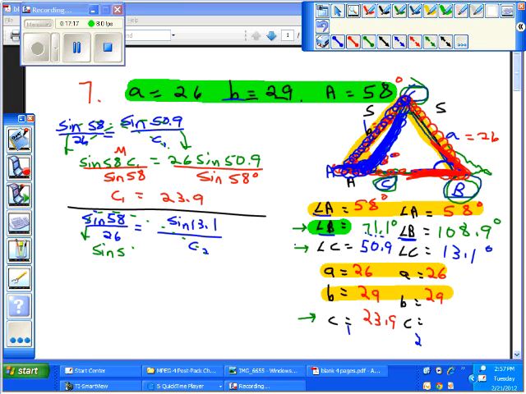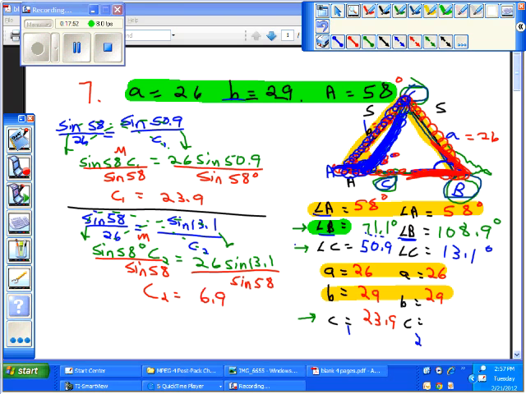We're going to get sine 58 degrees times c2 is equal to 26 sine 13.1. We want the junk off of little c, so we're going to undo multiplication by division. So we will divide by sine 58. And so we get little c choice 2 is equal to 26 sine 13.1 divided by sine 58, and we get 6.9 for our second choice of little c.